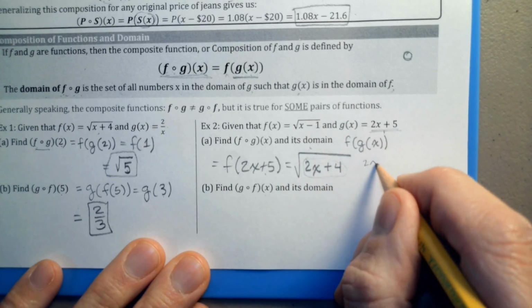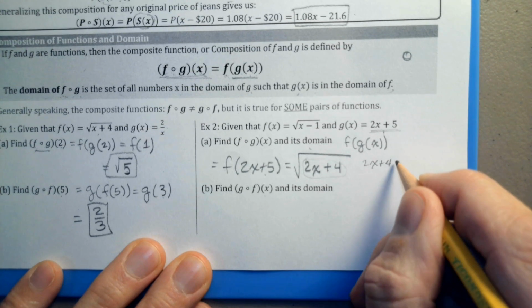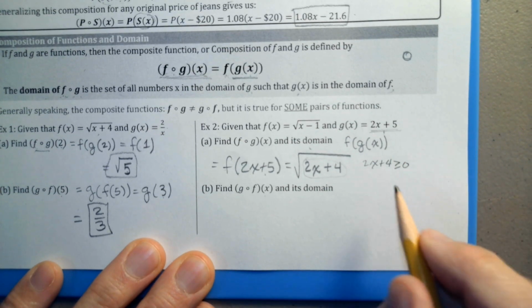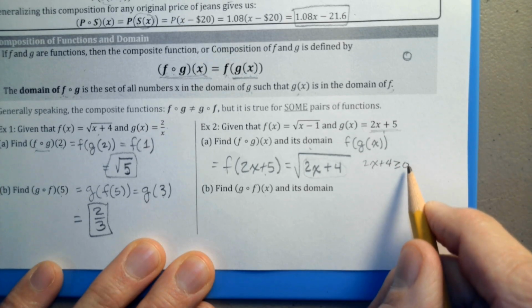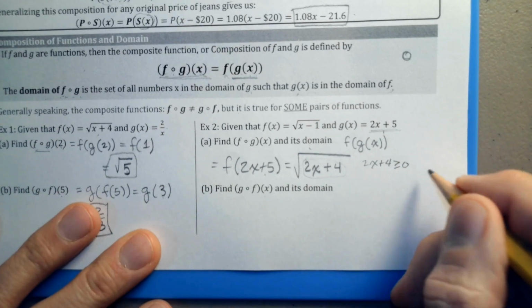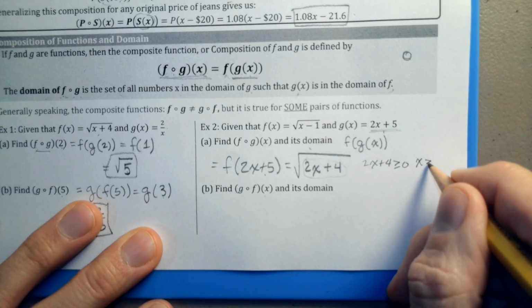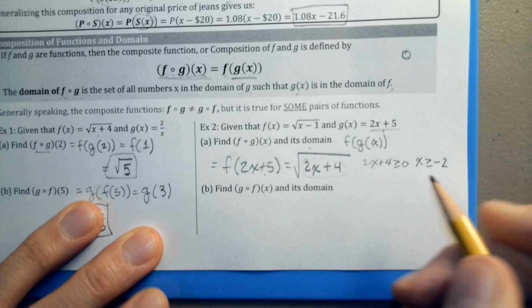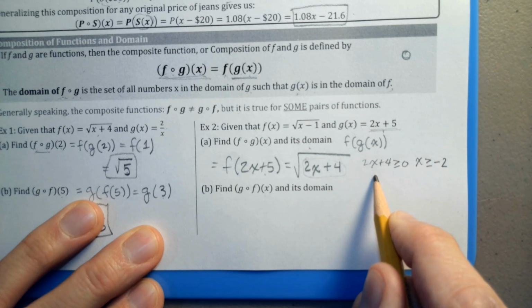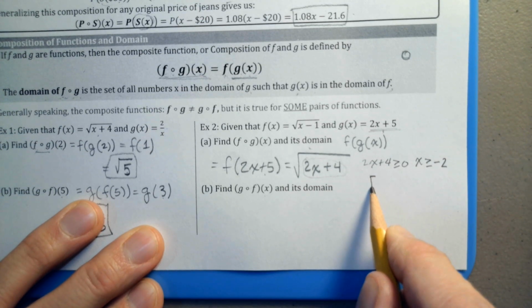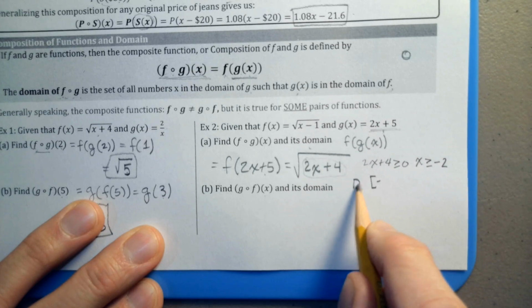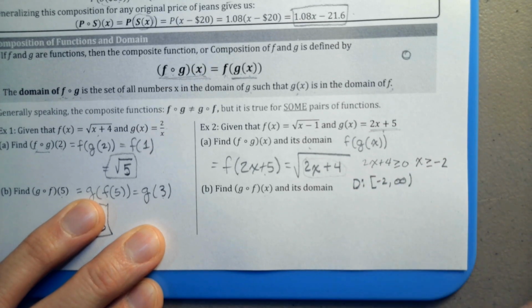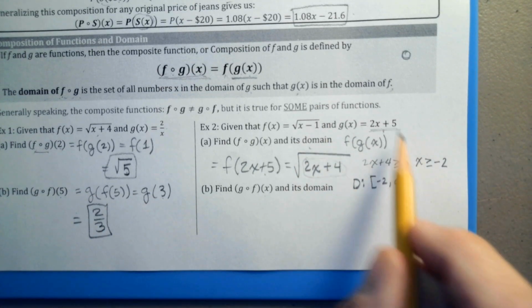So 2x plus 4 must be greater than or equal to 0. And if we move the 4 to the other side and divide by 2, that means x must be greater than or equal to negative 2. And so our domain is going to be anything greater than or equal to negative 2. So let's do this. Domain: negative 2 comma infinity, right, will be our domain for this function.